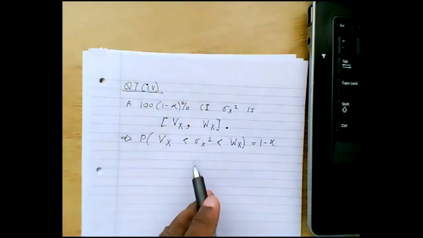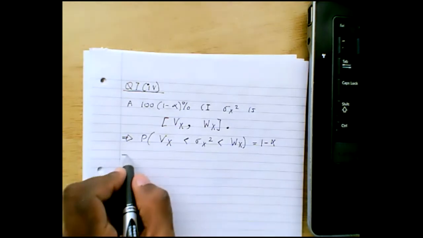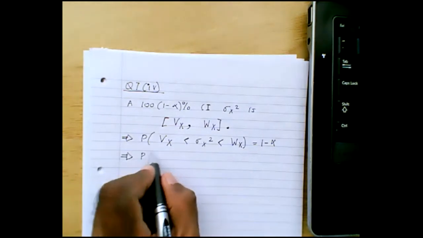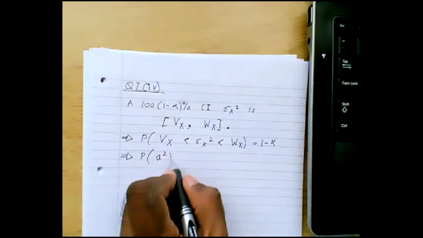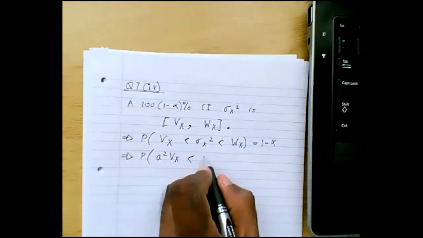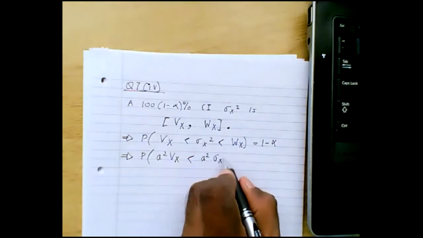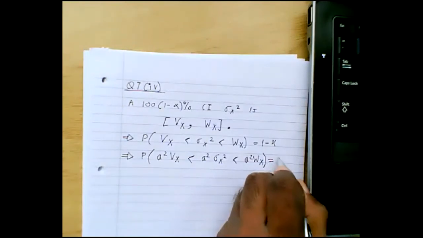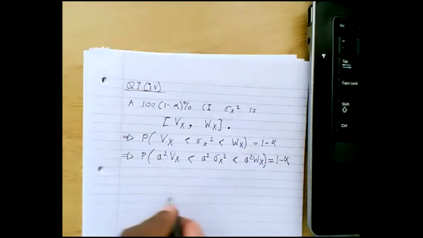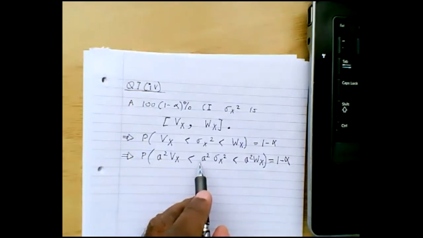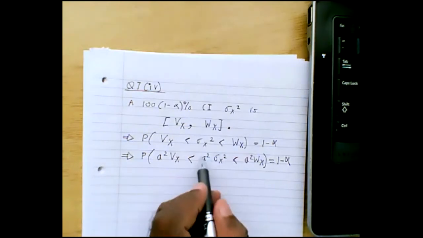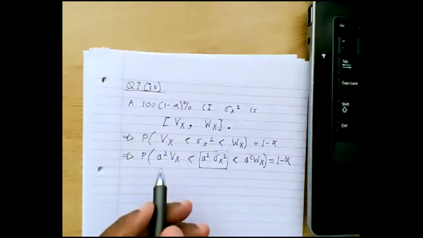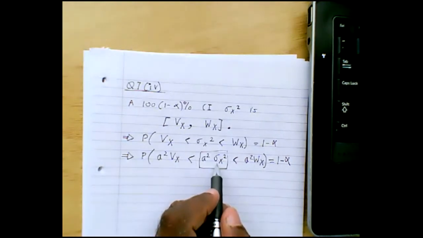Now what we are asked to find is the confidence interval for sigma y squared. Now remember from the previous part, but before I talk about that, let me multiply each term by a squared. Remember a squared is a positive constant, so we don't need to change the sign. Now we know from the previous part that this guy here is the population variance of y.